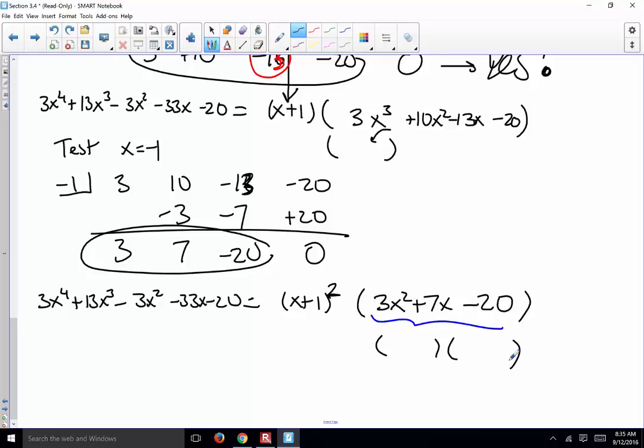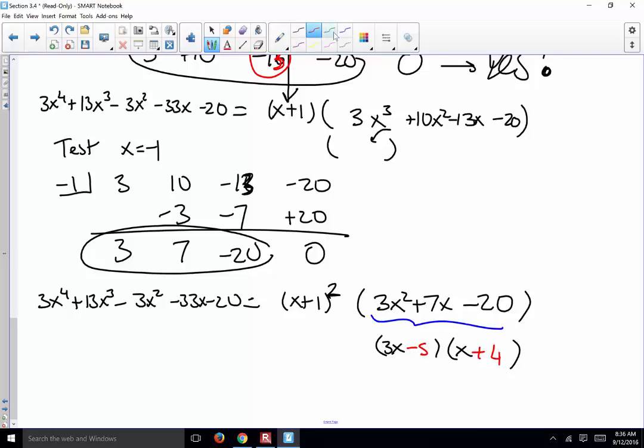Can you factor this manually? I bet you can do this one. The first term, 3x squared, will split up as 3x and x. I know for sure. I'm not sure about the pieces. I think you can find it. Come on. Minus 5 and positive 4.